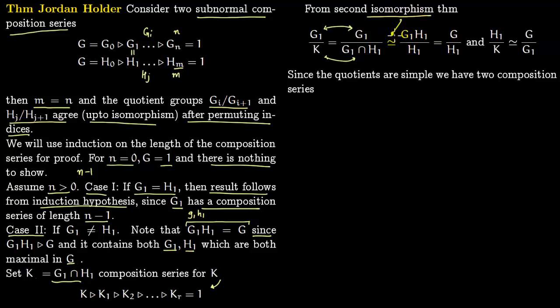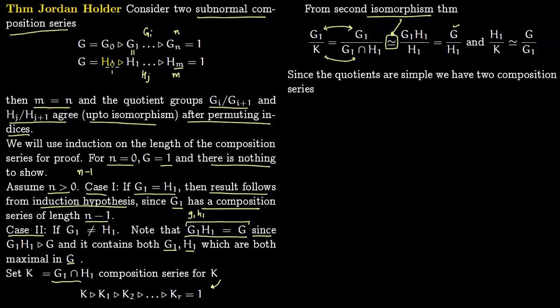But we already said G1 H1 is equal to G, so we write G here, and H1 as such. So G1 over K is isomorphic to G over H1. And that means G1 over K is simple because G over H1 is simple.